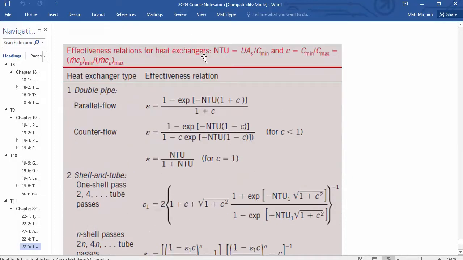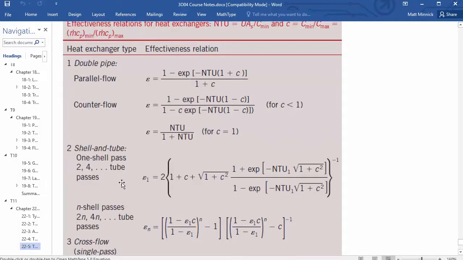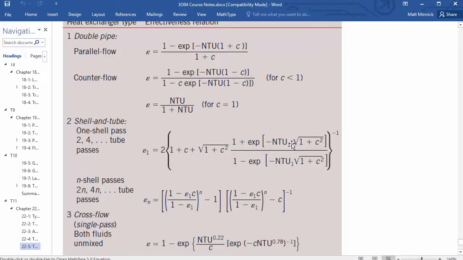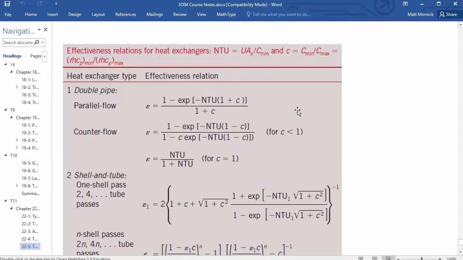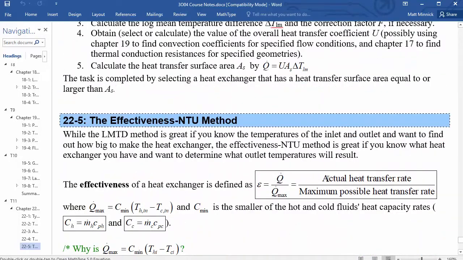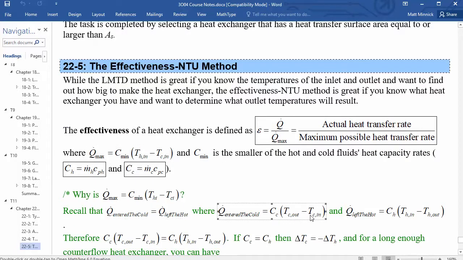And we have a nice table here that tells you for 1 shell pass and N tube passes, so 2, 4, 6, 8, etc. So what we're going to need to do is figure out the minimum heat capacity rate, the ratio of that to the maximum one, and then the NTU, then substitute into this formula to get the effectiveness, and then calculate the actual heat transfer rate by multiplying that by Q dot max, and then use that to figure out the exit temperatures of the cold and the hot fluids.